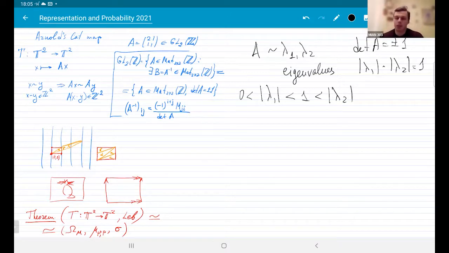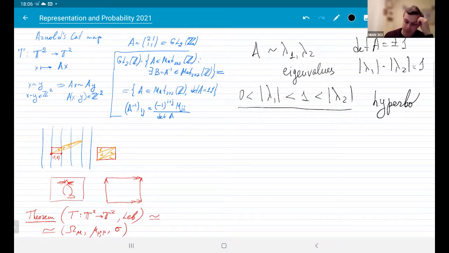The last case can be further decomposed into the case when we have real eigenvalues equal to 1, and another case when the two eigenvalues are complex conjugate. Then obviously the absolute values are equal, and hence both should be equal to 1. But we don't need this case. We will consider the first case. This is usually called the hyperbolic case.